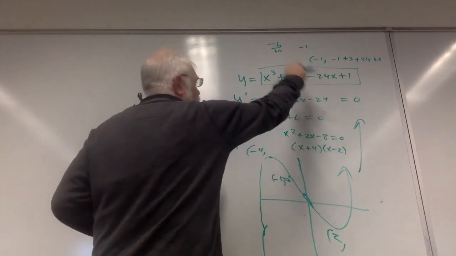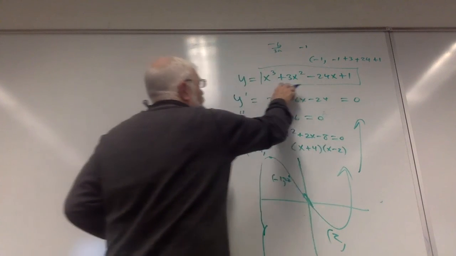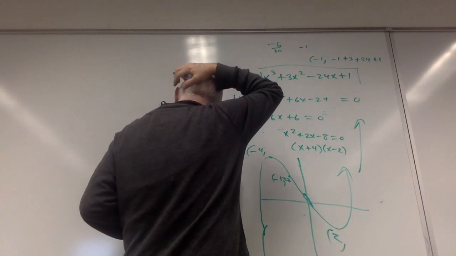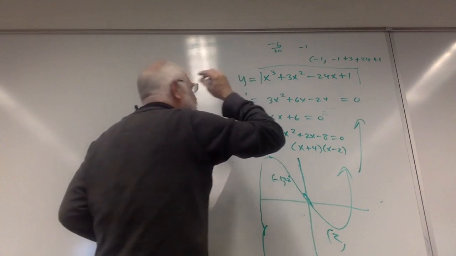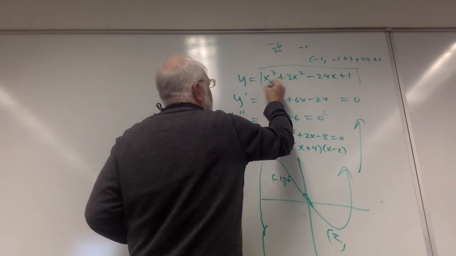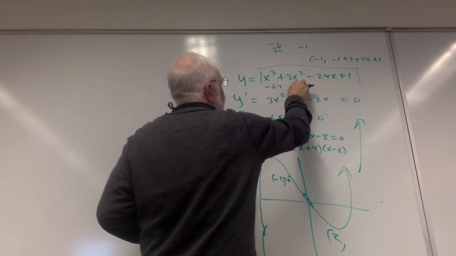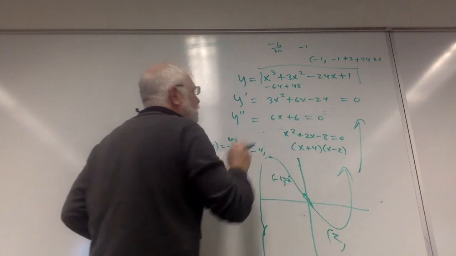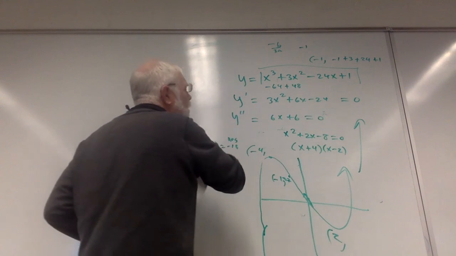I got to put negative 4 in here. So negative 4 in here should get me a 2-to-1 ratio. Let's see if it gets a 2-to-1 ratio. Negative 4 cubed is negative 64, negative 4 squared, 48. It certainly gets me the 2-to-1 ratio there.